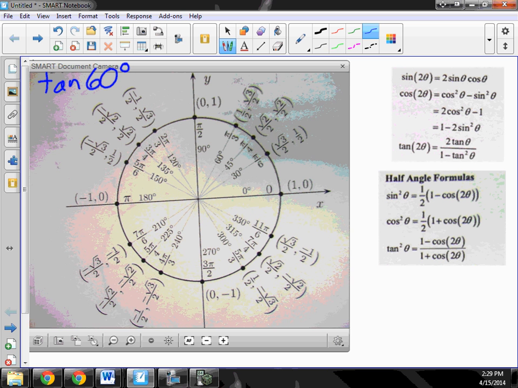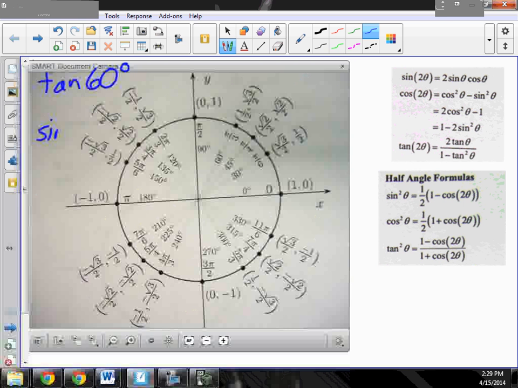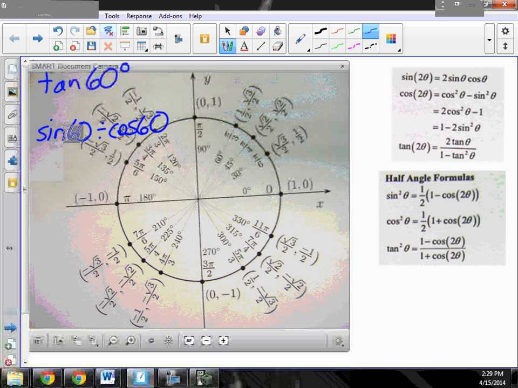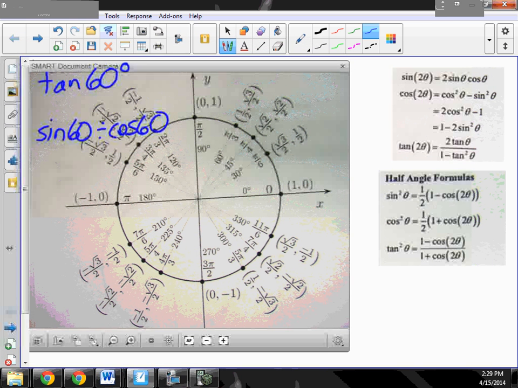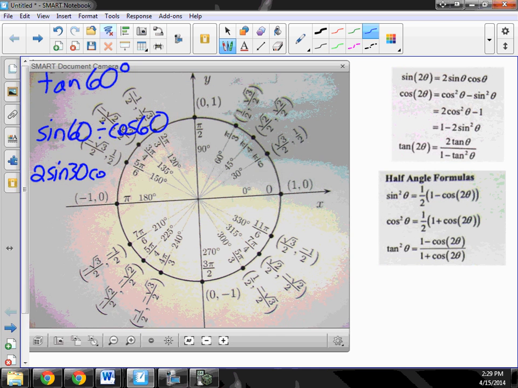So let's do the sine of 60 divided by the cosine of 60. Well, it would be really nice if I could look up the sine of 60, but I can't because I'm supposed to be using the double angle formulas. So the sine of 60 is actually 2 sine of 30 cosine of 30.